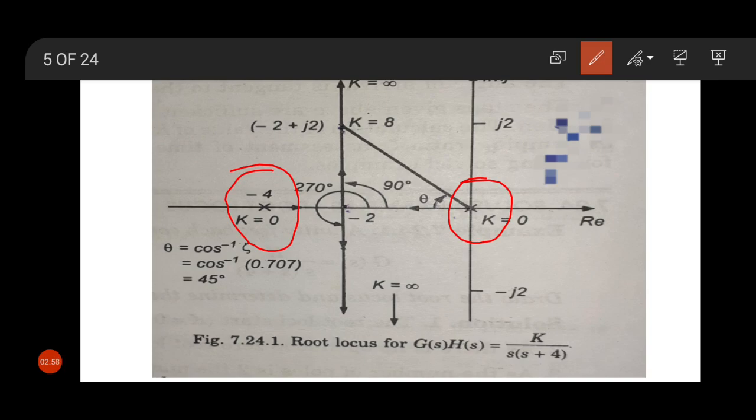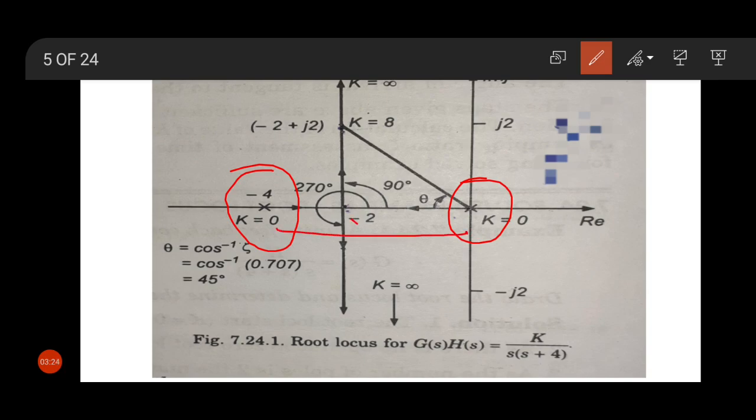So if we consider this point -4 and look at the right side of this point, we see there is only one pole and this is an odd number. So the root locus portion is in between 0 and -4.